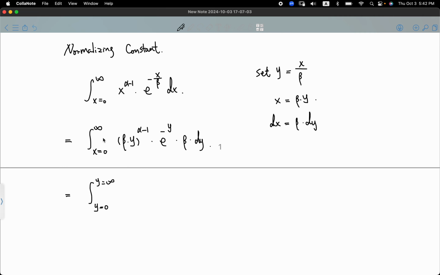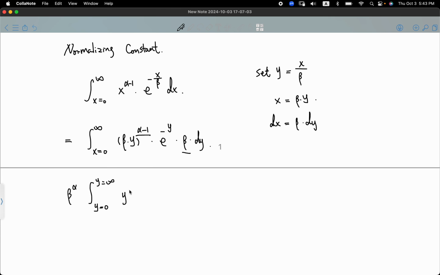Okay, let's see what else we can do to simplify this. So the integral is with respect to y. One thing we can do is to move whatever is not related to y outside the integral. So what we have is beta raised to the power of alpha minus 1, and also this beta here. So essentially we have beta raised to the power of alpha outside, right?